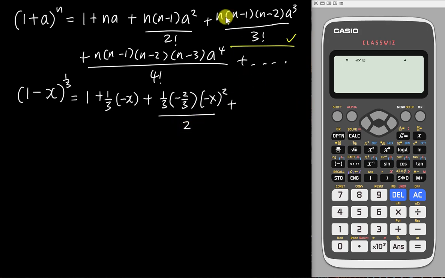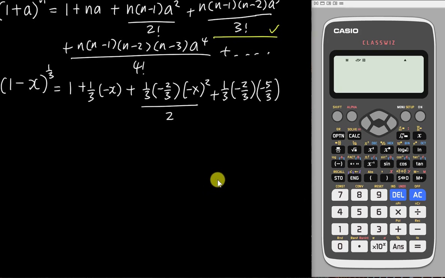Then plus n, 1 over 3, n minus 1, negative 2 over 3, and n minus 2, this one minus 1 again, so it will be negative 5 over 3, and then negative x power of 3 divided by 3 factorial, or you can say 6, because 3 factorial is 6. We definitely still have other terms, but we will stop at x power of 3.